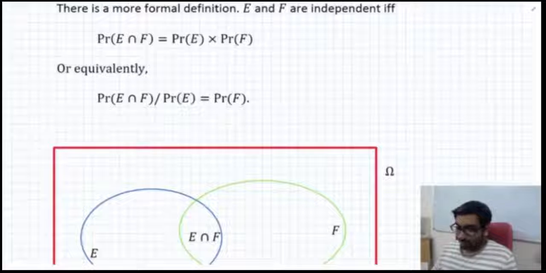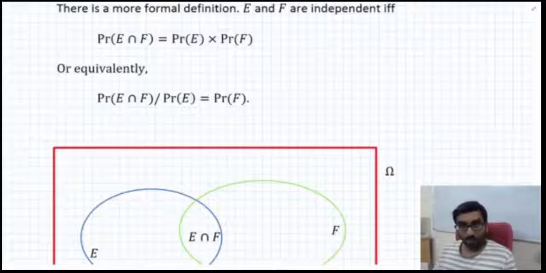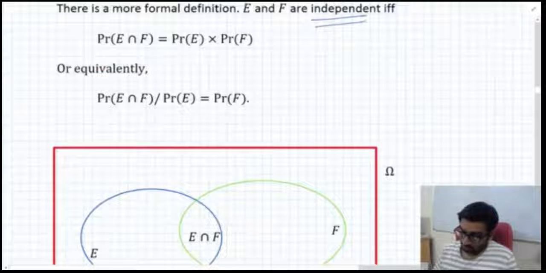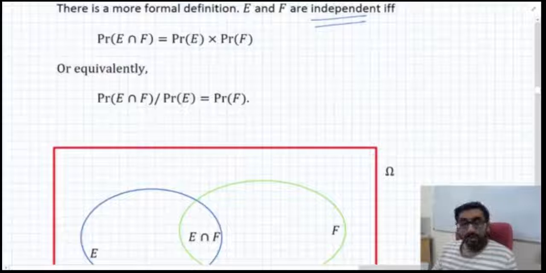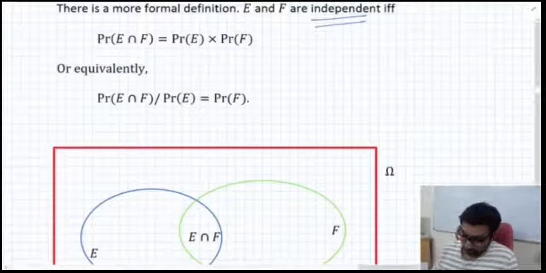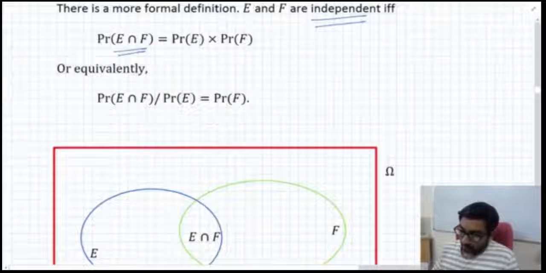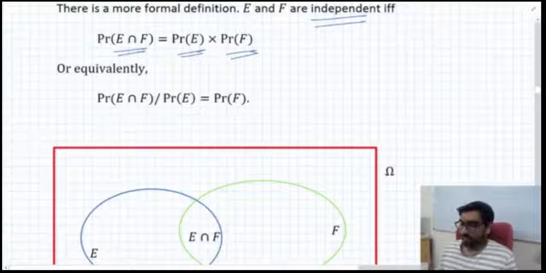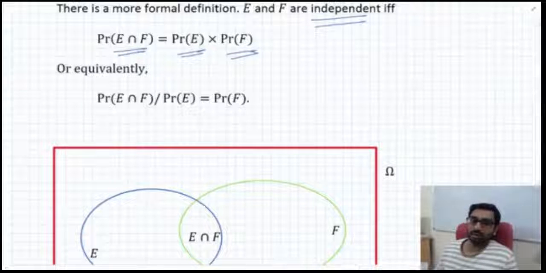Now we have two events E and F, and we want to know whether they're independent. When do we say that they are independent of each other? When the probability of the event E intersected with F equals the probability of E times the probability of F, then we say that the two events are independent of each other.